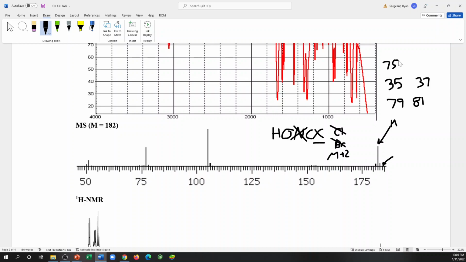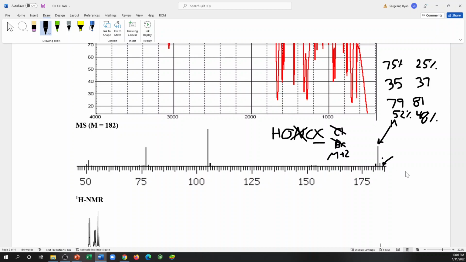75% of all chlorine is chlorine-35, 25% of all chlorine is chlorine-37, and for bromine it's like 52 and 48%, roughly 50-50. So what this means is that if you have a chlorine, you will see a molecular ion peak, and then at the M+2 position, there will be a peak that's approximately one third as tall.